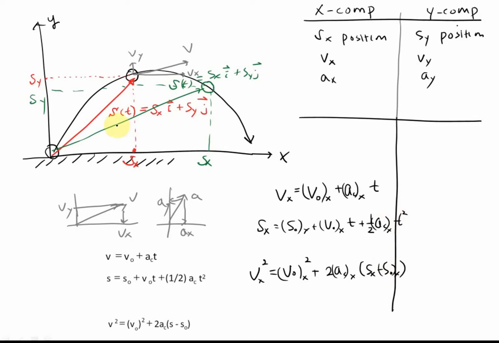But think about it. When you, for example, launch the ball in this way, the ball is going up and down. Once the ball is released from your hand, there's no acceleration along the x direction, because once the ball is released, there's no x directional force acting on this ball.